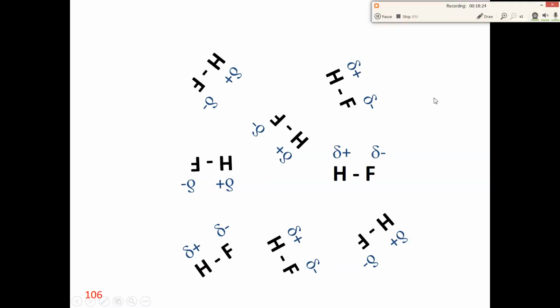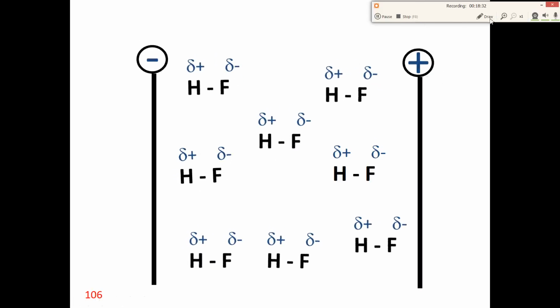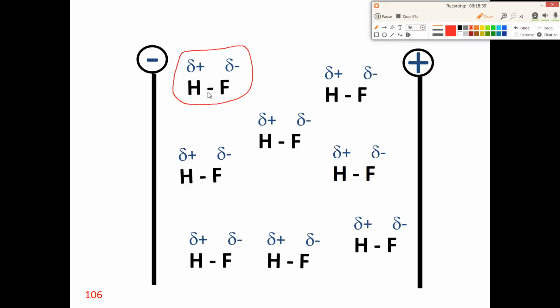Right. So I can show you this simulation of how this works. If we put a polar molecule in an electric field, it's going to align in the electric field.